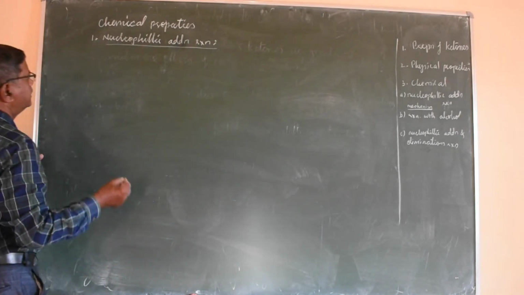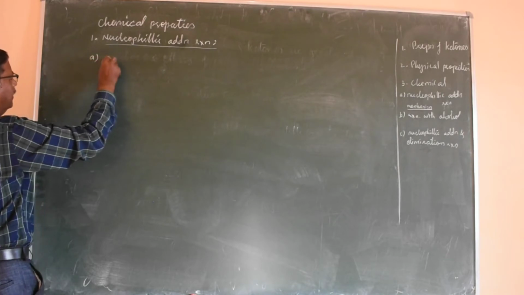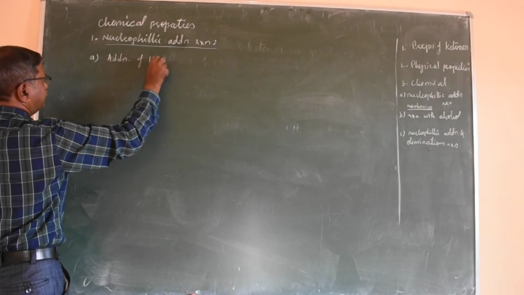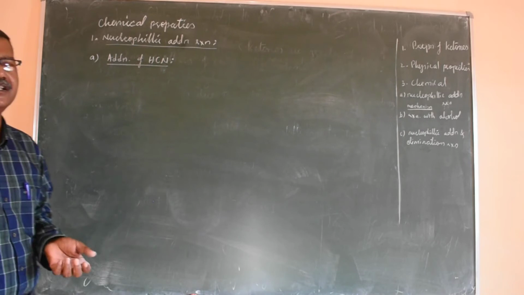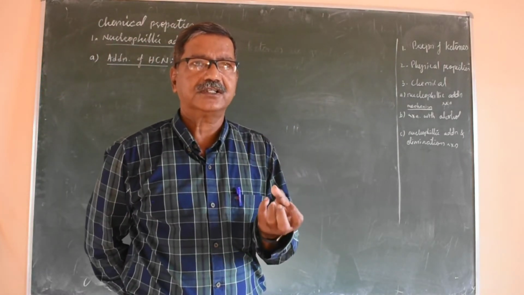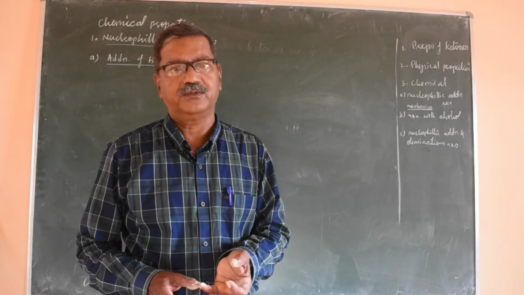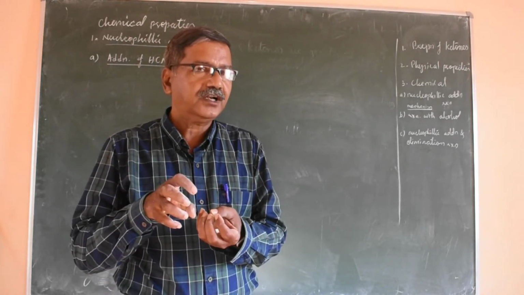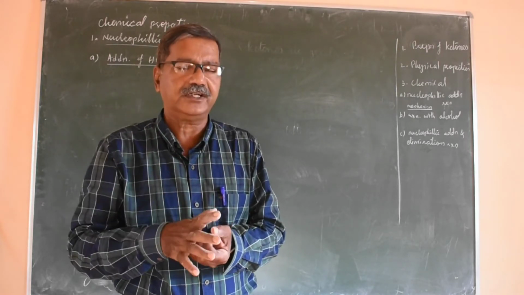In nucleophilic addition reaction, number 1, A, you can write, addition of HCN. Let us discuss the mechanism of addition of HCN, that is, base catalyzed addition of HCN to the aldehyde or ketone. In the mechanism, first is the formation of the nucleophile, that is, formation of CN minus.